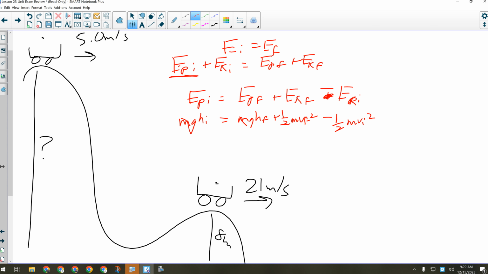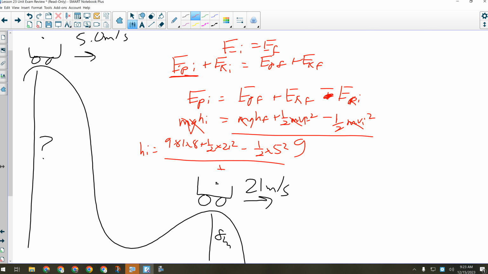M is in every term and I wasn't given it anyway, so it cancels out. I want to divide both sides by g, that'll give me h_i. Plug in my numbers: 9.81 times 8 plus 1/2 times 21 squared minus 1/2 times 5 squared, divided by 9.81.